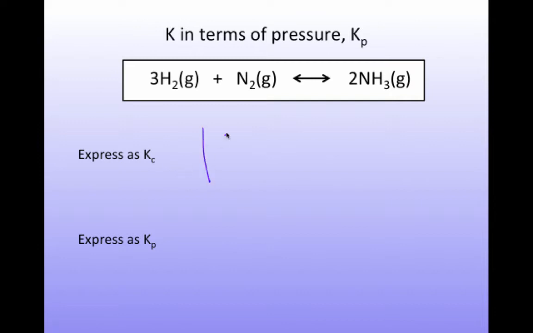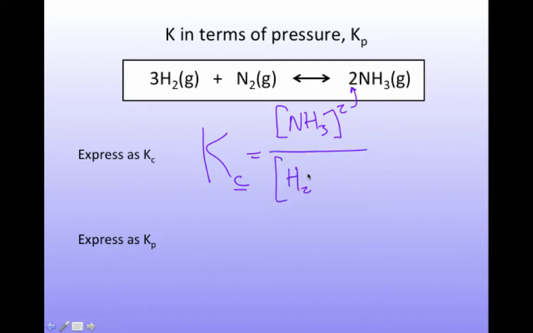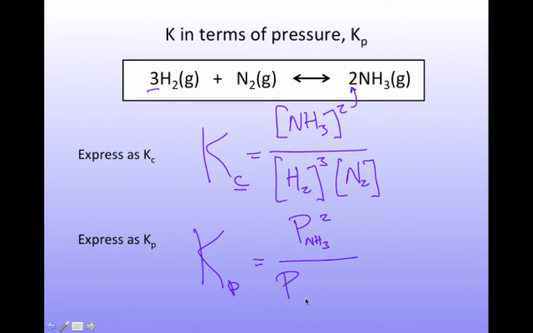So for Kc, I'm going to note that I'm making this in terms of concentrations. And now it's the concentration of my products raised to the power 2 because I've got 2 moles, concentration of H2 cubed because I've got 3 moles, concentration of N2. But if I wrote it in terms of partial pressures, Kp, that would be the partial pressure of NH3 squared over the partial pressure of H2 cubed times the partial pressure of N2.